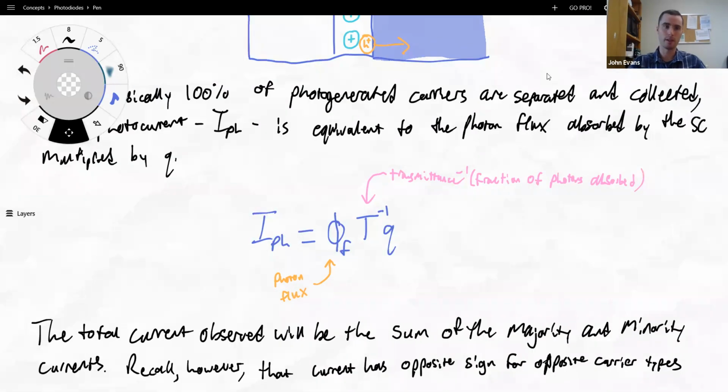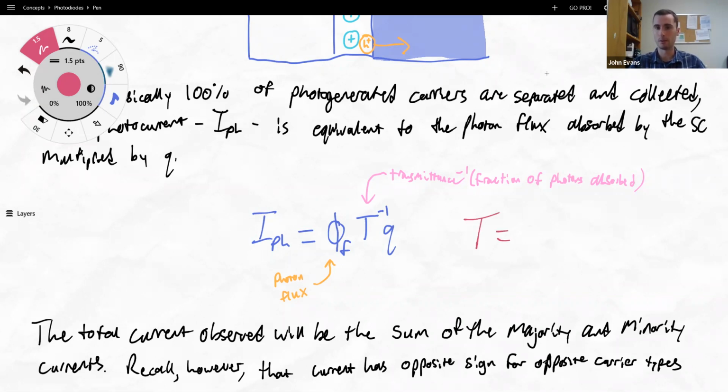So I've got this expression saying that it's equal to our photon flux, which I have as psi sub f, multiplied by the inverse of our transmittance, because remember, transmittance is equal to I over I naught. And what we want to know is really, I guess this should be transmittance minus 1.